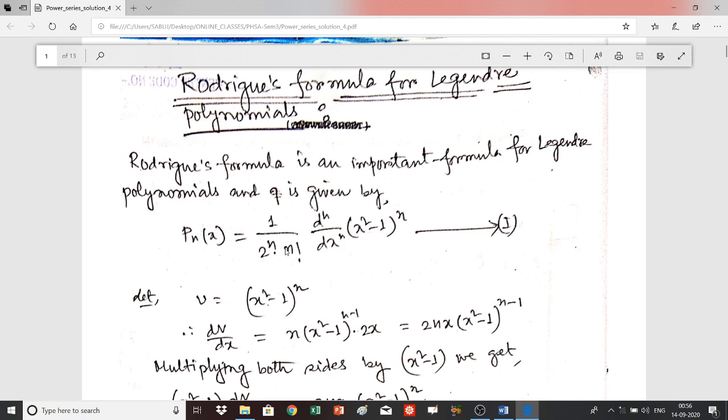That is, this is a constant, and then the nth differentiation of (x square minus 1) to the power n. This is shown below.